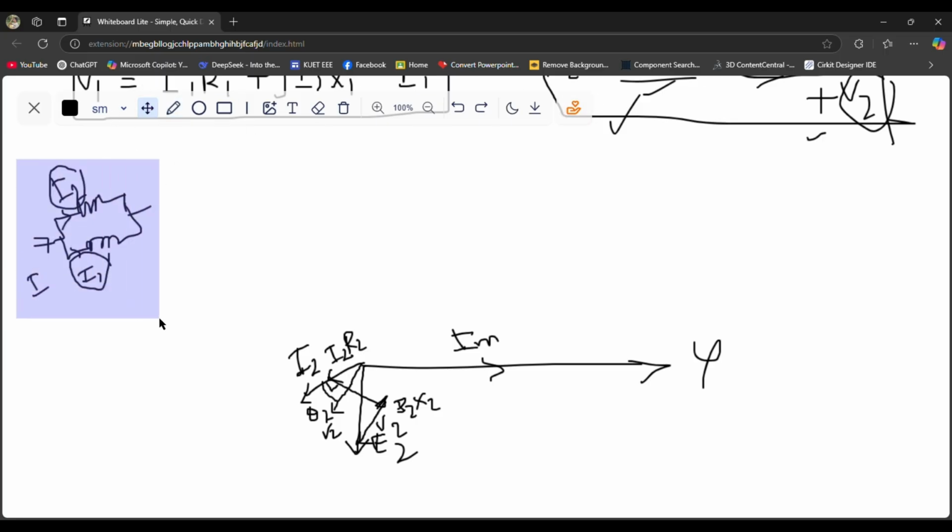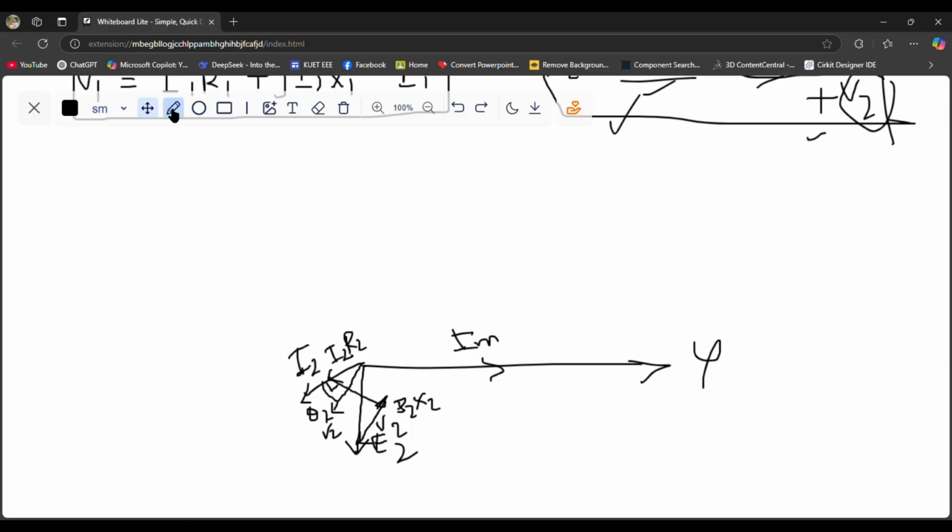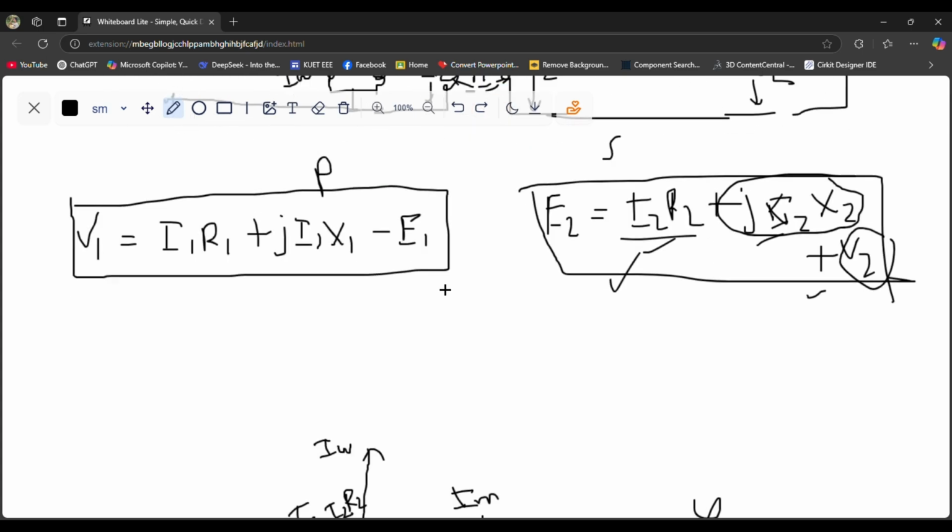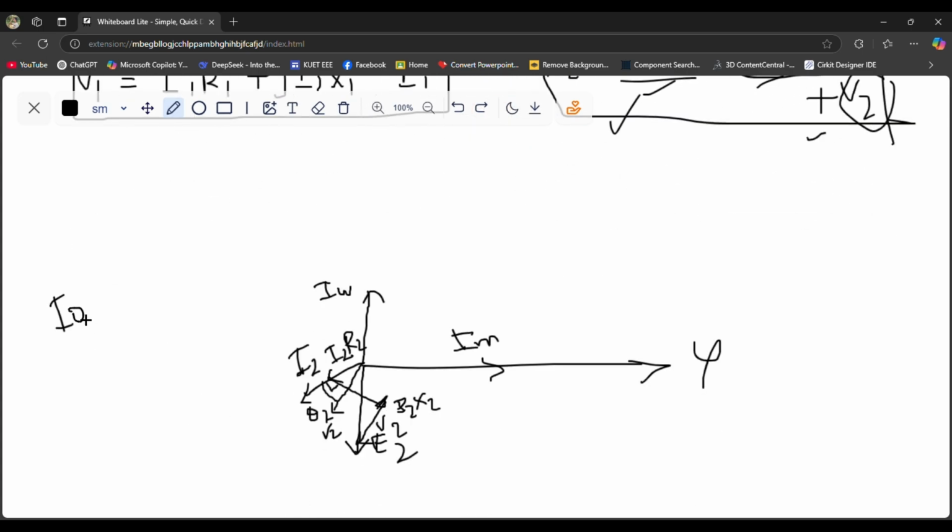So I have to draw Iw with the lag of 90 degree with this Im. So I am drawing Iw like this. Then we know that I0 is equal to Iw plus Im.